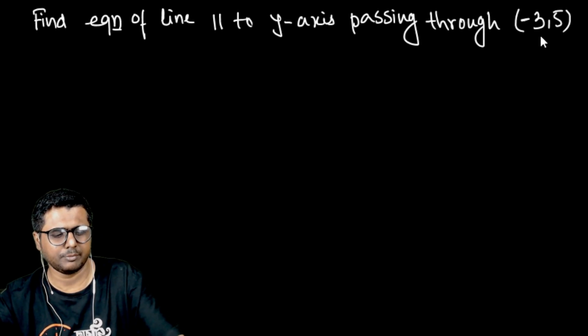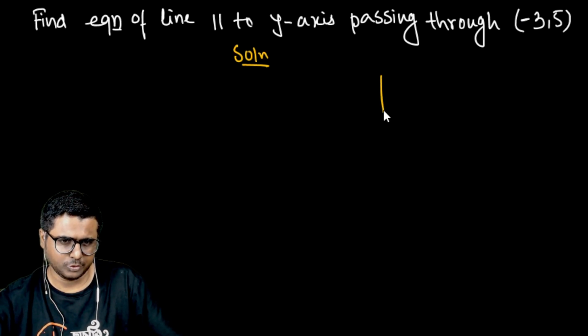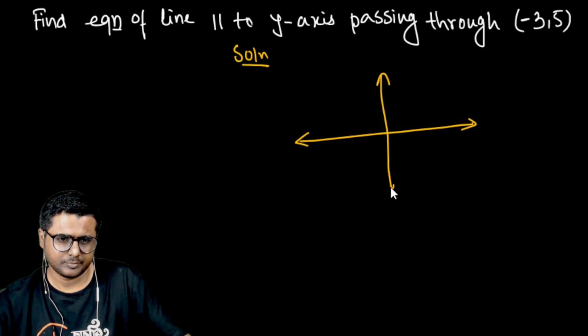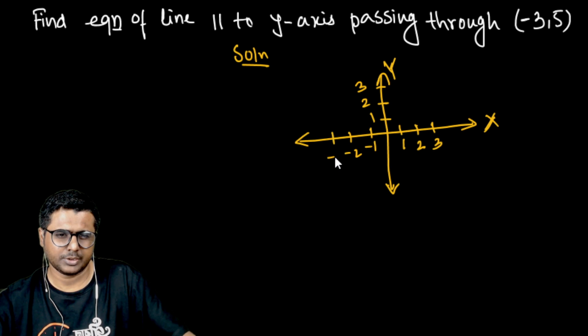So this is the problem. For this problem, first you have to show the quadrant system. X axis, y axis, 1 2 3, 1 2 3, minus 1 minus 2 minus 3.